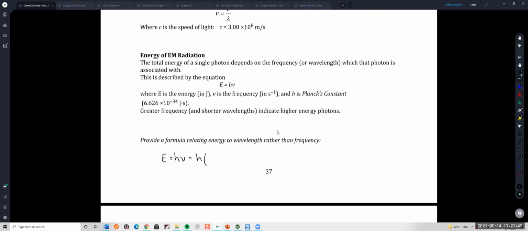Up on the top, it equals the speed of light divided by the wavelength. So in other words, we could say that energy equals Planck's constant times the speed of light divided by the wavelength lambda.